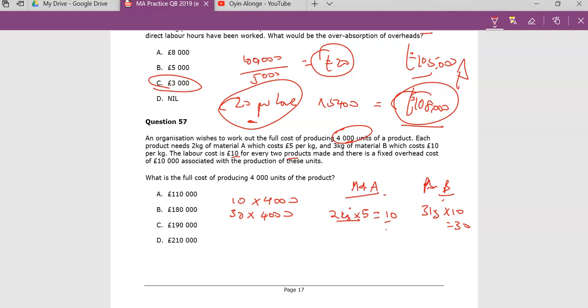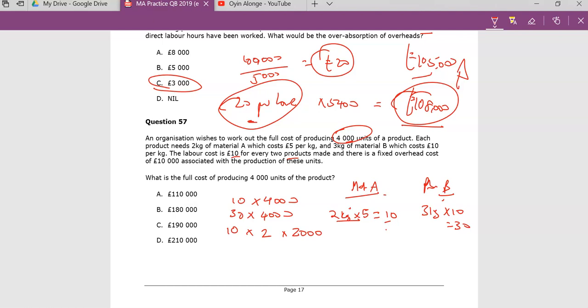So I need 10 for every 2, and I'm making 4,000, so I just multiply that by 2,000.